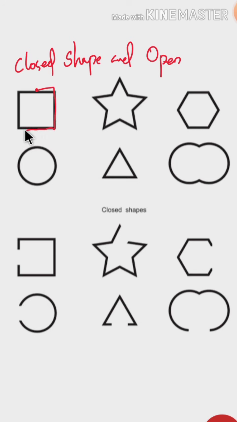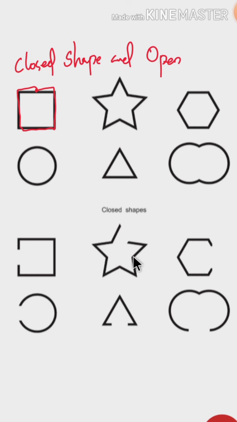Okay, so we ended up with the same point. So here the starting and ending points are the same, so this is a closed shape. In all the first 6 types of figures, these are the examples of closed figure, because there is only one point to start and end.